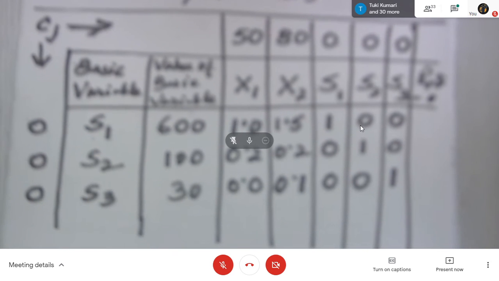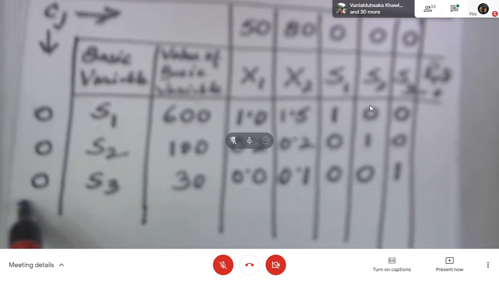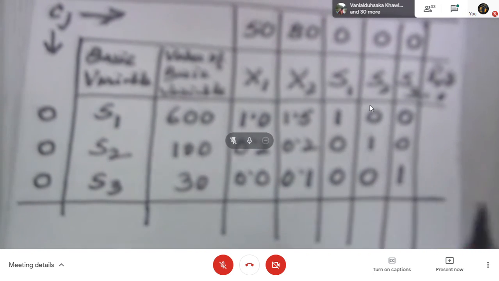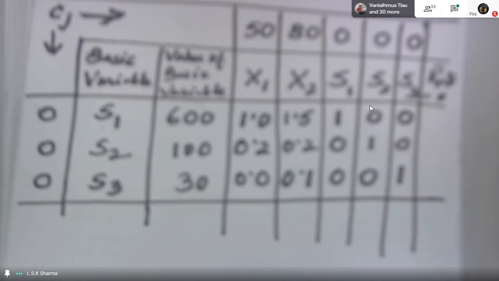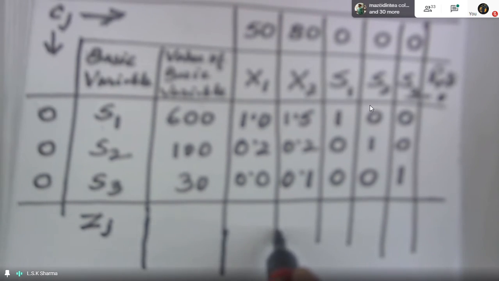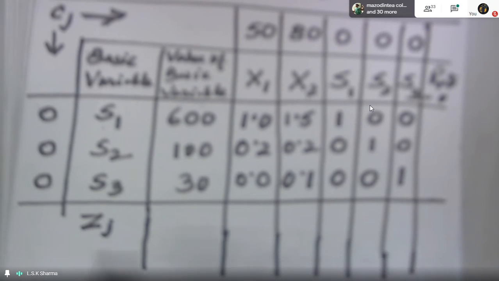Now I have finished entering these numbers, and what do I have to do? You have to draw a line across this out here. Now you have to find what we call ZJ. If you remember, when we put the feasible values into the objective function, what you get is your ZJ.